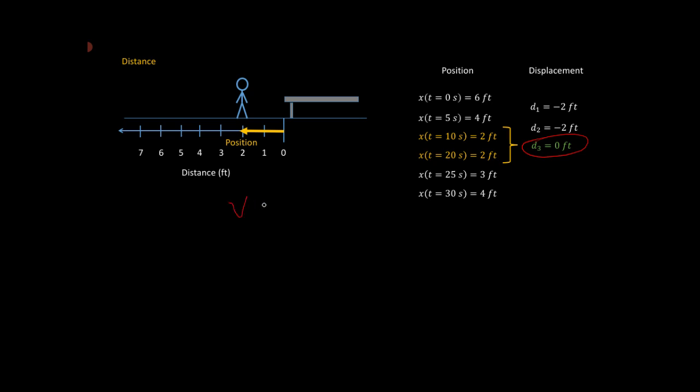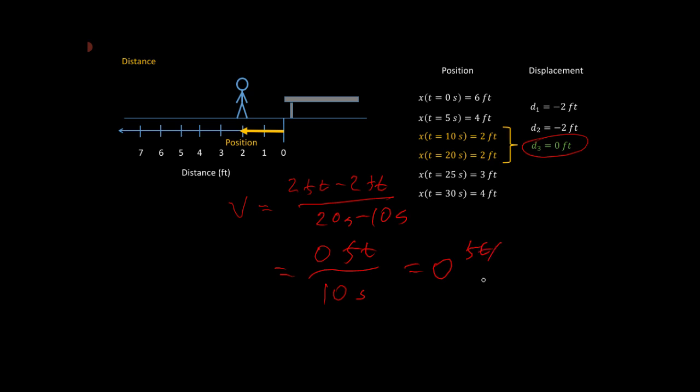So right there, v is equal to 2 feet minus 2 feet over 20 seconds minus 10 seconds. 2 feet minus 2 feet is 0 feet over 20 seconds minus 10 seconds is 10 seconds, and well, that's just 0 feet per second. You're not moving at all.